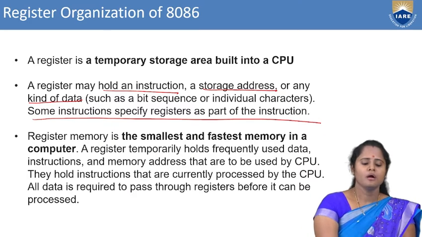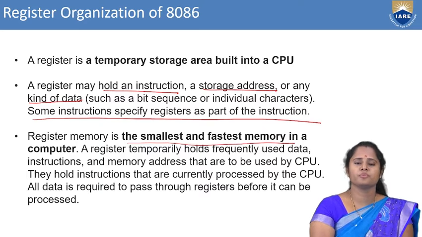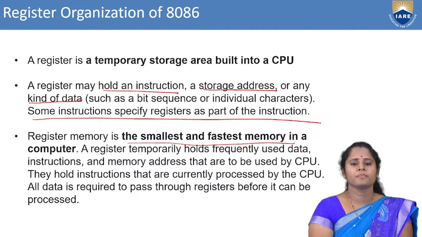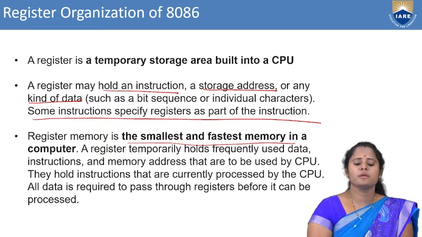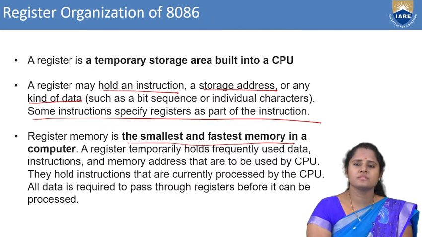Register memory is the smallest and fastest memory in a computer. So in order to make operations faster, you can go for a register for the storage. It may be an instruction, some data, or some address where you will have a set of instructions.